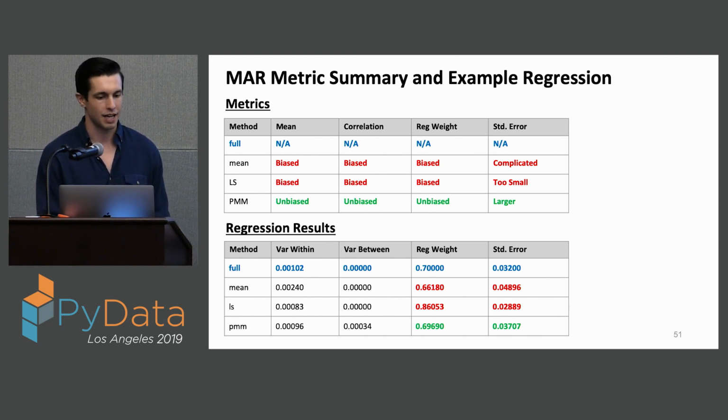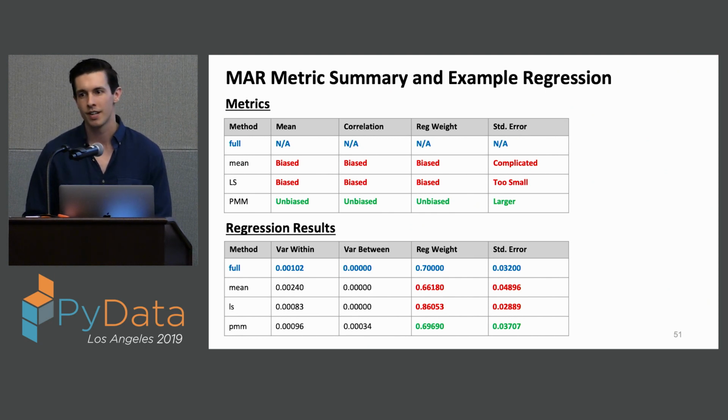Some of the other methods can be useful in different areas. But one of the things that we note on these slides is that in none of these areas do we say best or rank them from top to bottom. It's very dependent on all of the different factors. And in some cases, PMM will do better.